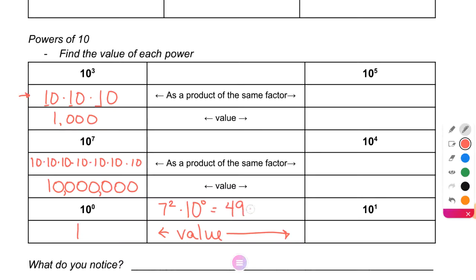What about 10 to, let's go to the top, 10 to the 5th. Bryson, how do I write that as a product of the same factor? 10 times 10 times 10 times 10. Good job. 10 times itself 5 times.